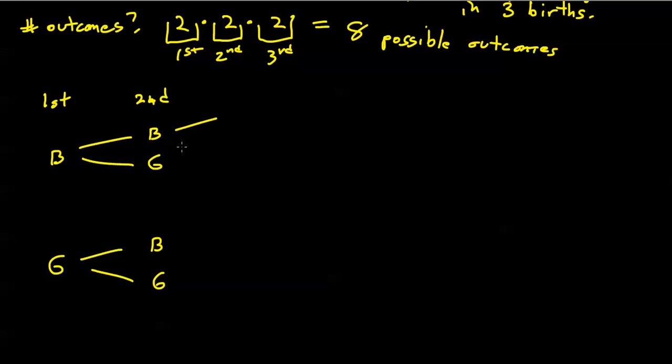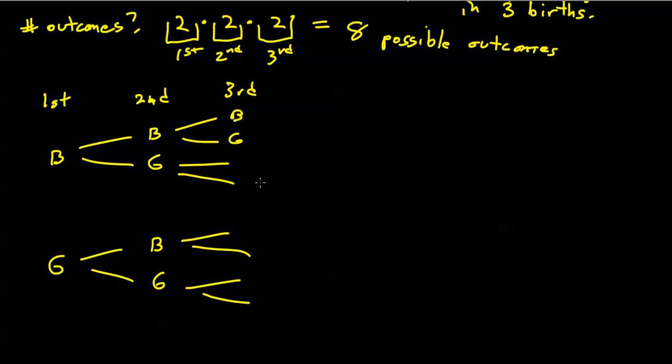And each of those possibilities tails off to 2 more possibilities for the third child. Boy, girl, boy, girl, boy, girl, and boy, girl. Now, each possible path from left to right is a possible outcome in this experiment.